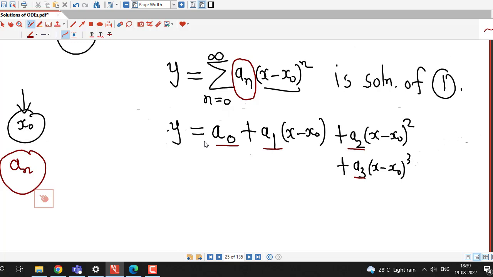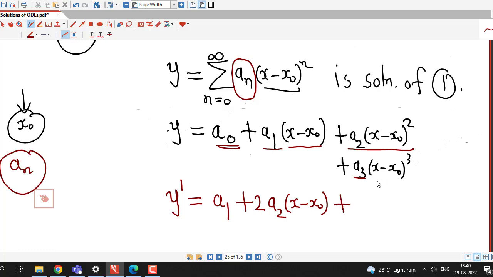For that we first write in this form, and if we find the first derivative, then we have y dash equal to the derivative of a0, which is 0, plus a1, since the derivative of x is 1 and the derivative of x0 is 0 because it is a fixed real number, plus a2 constant, with the derivative of the square of (x minus x0) being 2 times (x minus x0) raised to 1, plus a3 constant, with the derivative of the cube of (x minus x0) being 3 times (x minus x0) square, and so on.